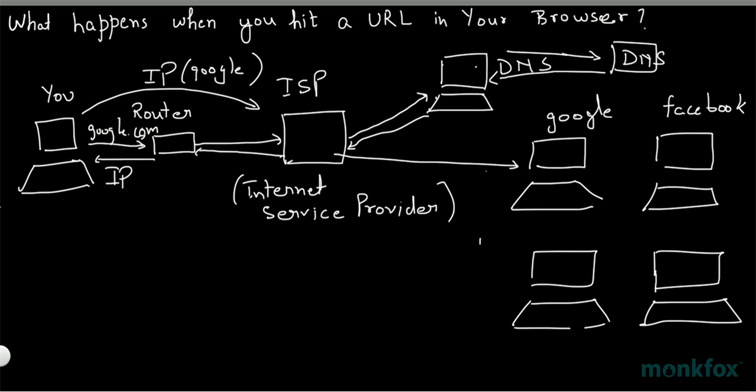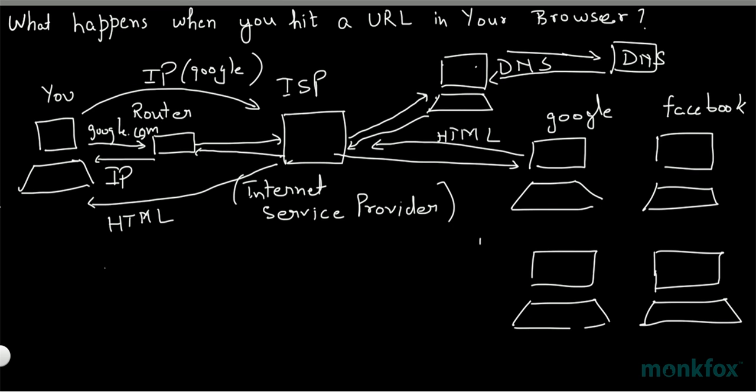It directly contacts the Google server, and once Google receives your request, it sends back an HTML page which via the ISP is returned back to you, and HTML pages can be read by your browser. So your browser reads the HTML page and displays the web page.